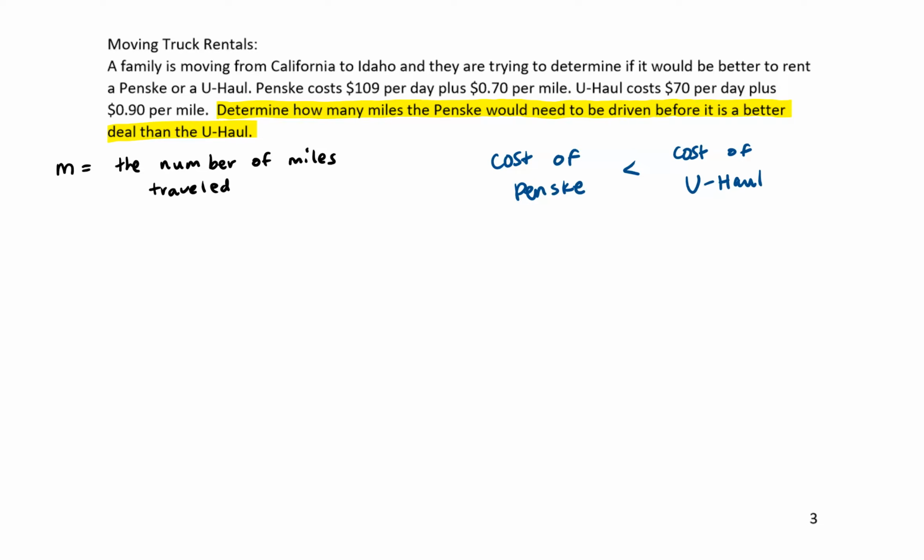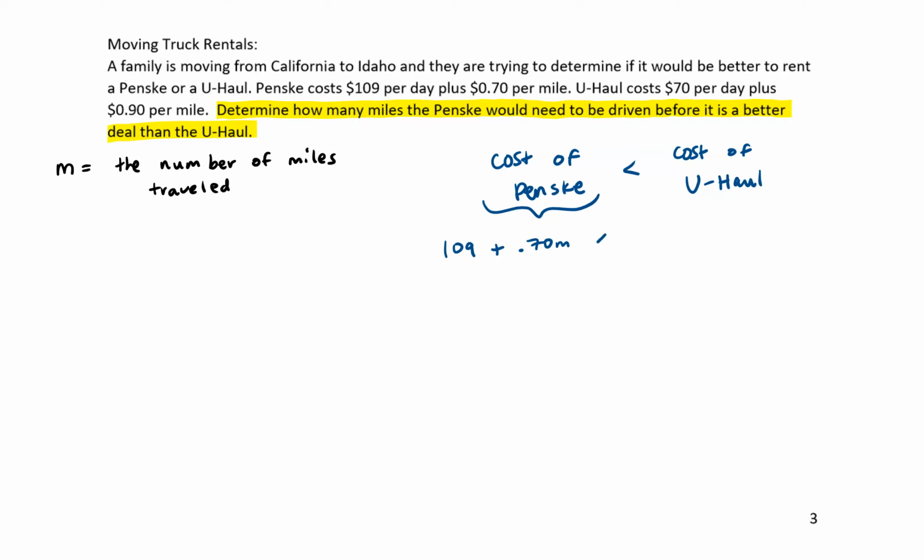It says that we have $109 for the day and 70 cents per mile for Penske. So the expression for the cost of Penske would be 109 plus 0.70m, where m is representing the number of miles traveled.